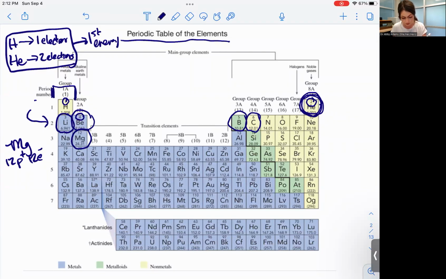And so you know that magnesium has filled these levels on the staircase, has filled these levels away from the nucleus of the atom with electrons, and has made it to the next energy level, the 3rd energy level. And that's the highest energy level in the group number. So this is the highest energy level, it's at the 3rd energy level. The period number is going to tell you that. And the group number is telling you that there are 2 electrons in that level.